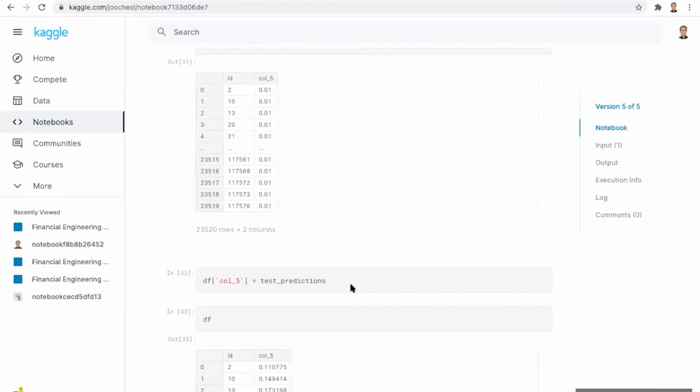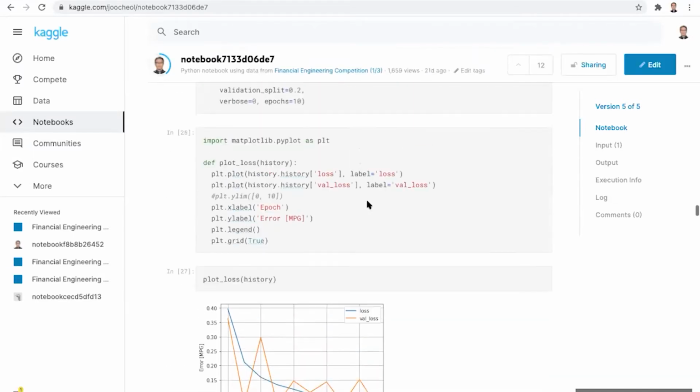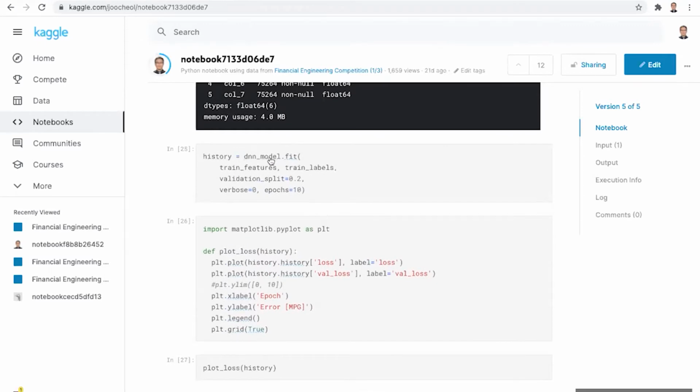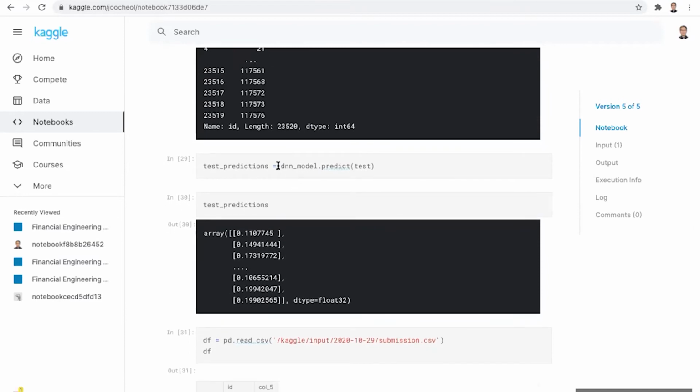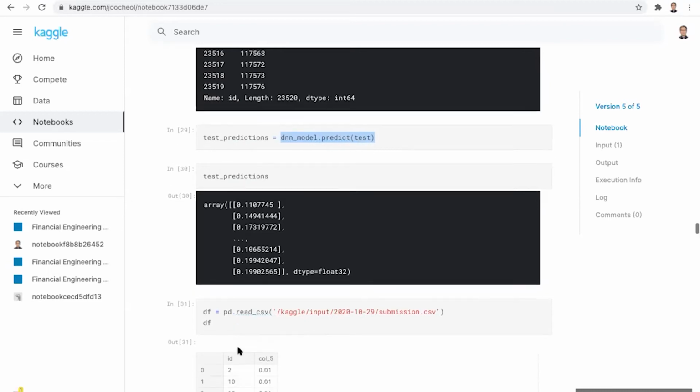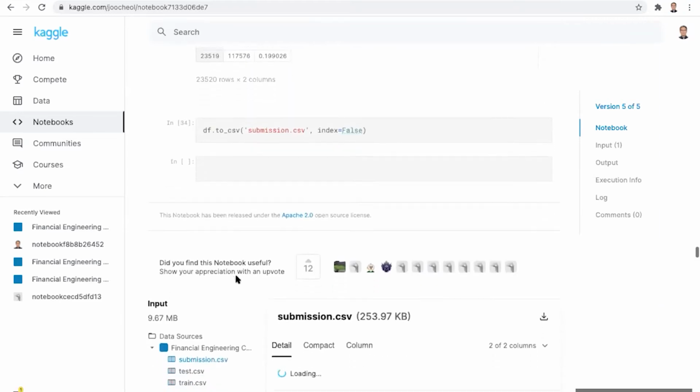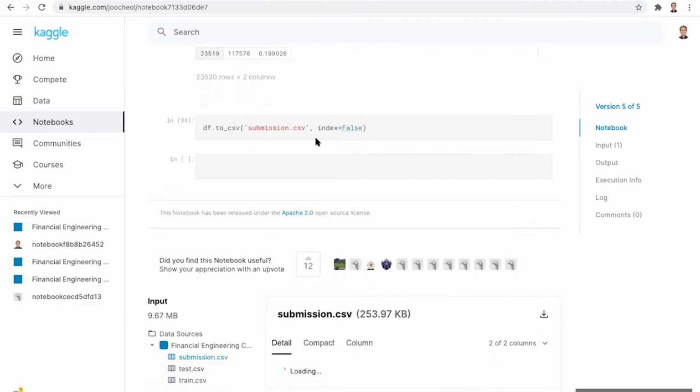So if you understand what you are doing on competition one, I don't think there are any problems, because even though the names are different, it's a DNN model, but still, this is the same thing. You fit the model and then use your model to make a prediction. So it's a model that predicts, and then you put in your test data set, then you get a prediction, and then save it to CSV and then submit.